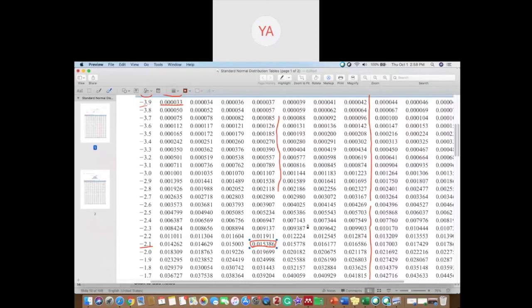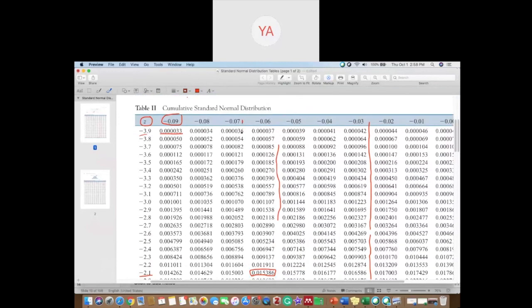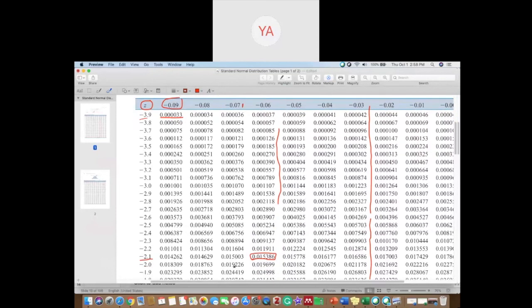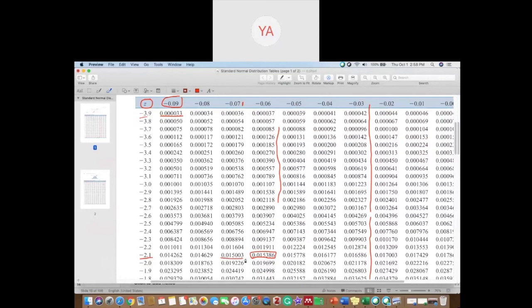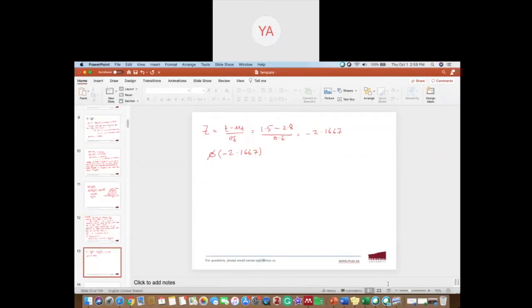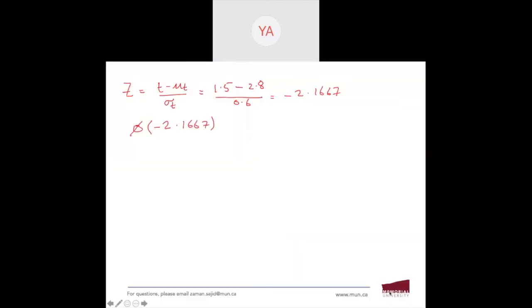Now as you can see, this number we can round off, and we can also find out the value at minus 2.17. So this is my 0.07. So I can also take into consideration this number. Okay. So I go back here, and on this number I have the value of 0.015386.